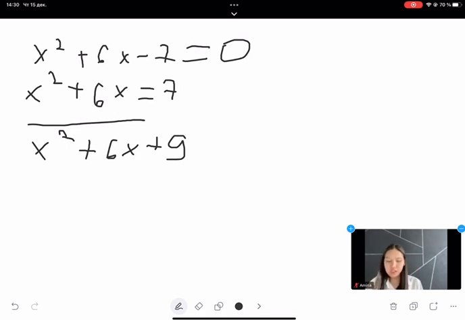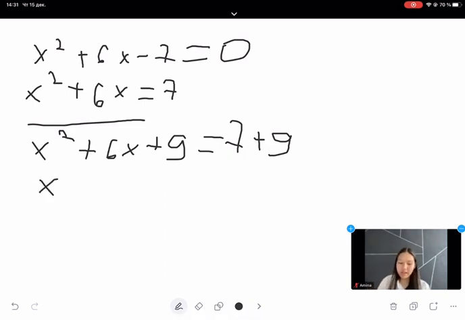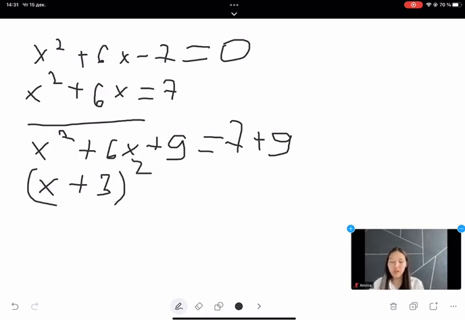Why 9? Because of the formula. So 7 plus 9 is 16, and x plus 3 squared equals 16.